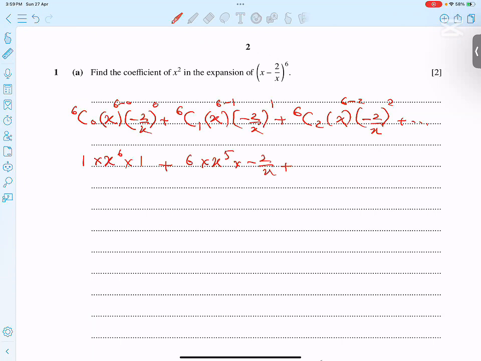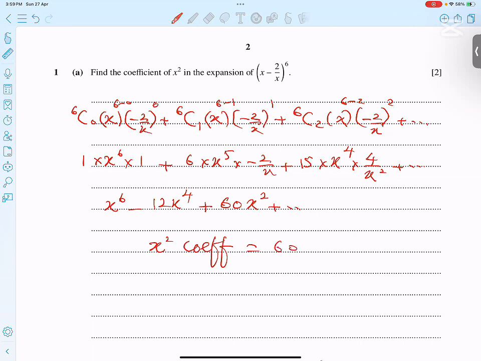And 6C2 is 15, x to power 4, 4 over x to power 2. So 12, x to power 4, and 15 into 4, 60. So 60x to power 2. We are looking for x to power 2, and we got it. So the x squared coefficient is 60, and this is our required answer.